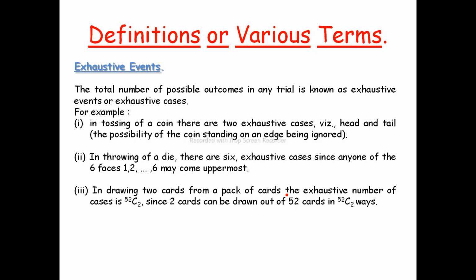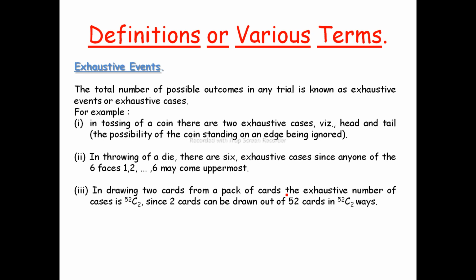One more example: in drawing two cards from a pack of cards, the exhaustive number of cases is 52C2, which we say as 52 combination 2, since two cards can be drawn out of 52 cards in 52 combination 2 ways. In a pack we have 52 cards, and among those 52 cards we are drawing two cards.